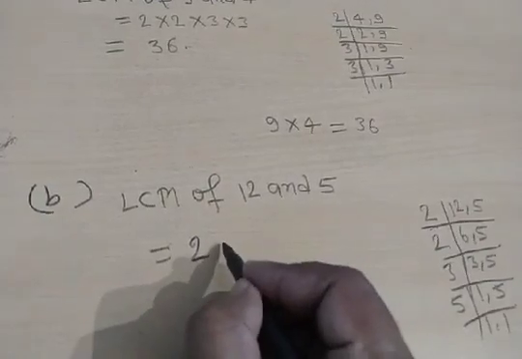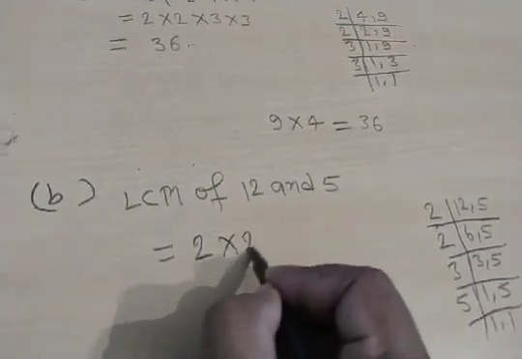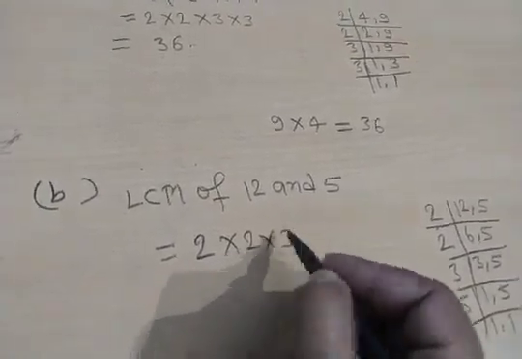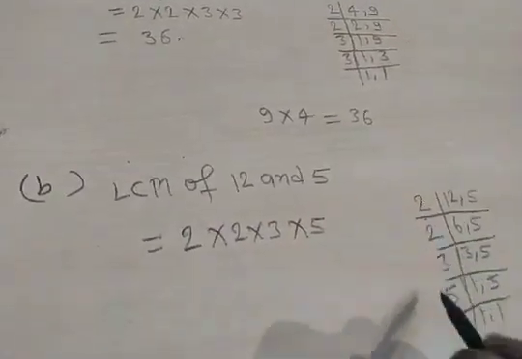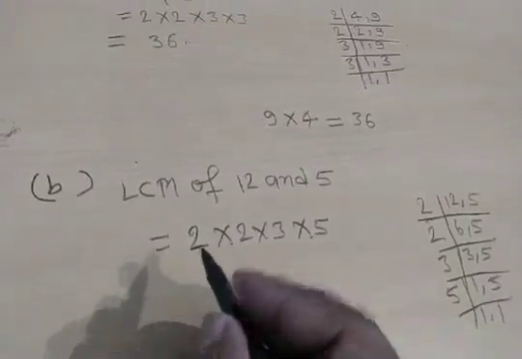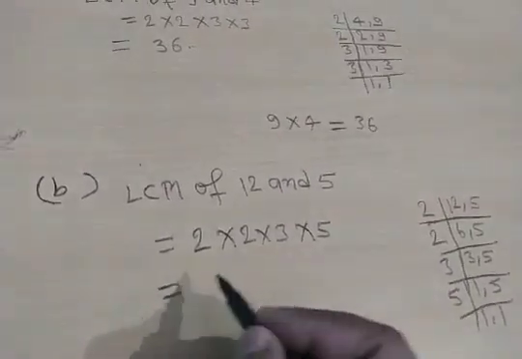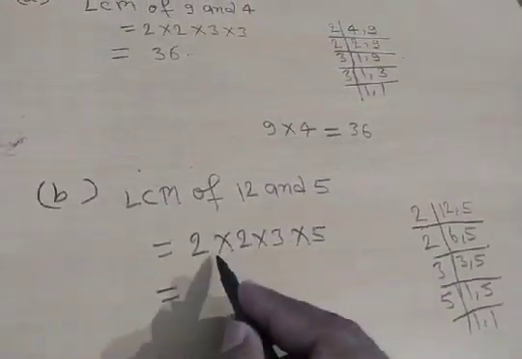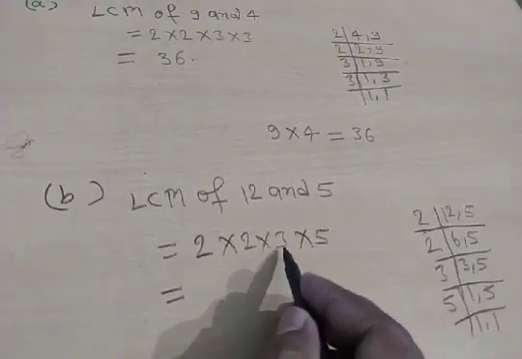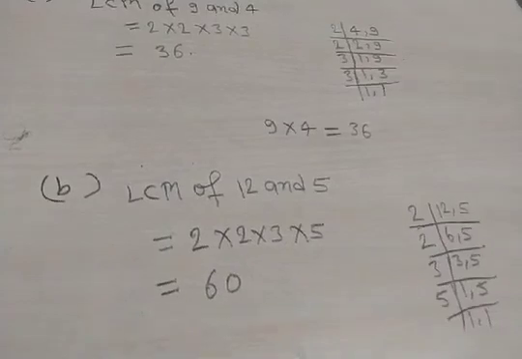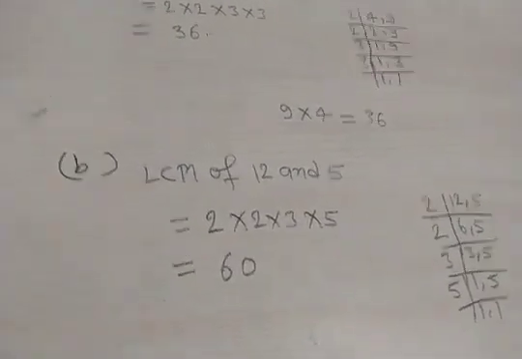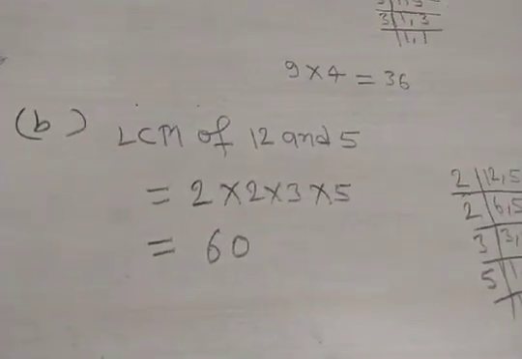So the LCM of 12 and 5 is 2 into 2 into 3 into 5, because the LCM is the product of the divisors. 2 twos are 4, 4 threes are 12, 12 fives are 60. 60 is the LCM of 12 and 5.